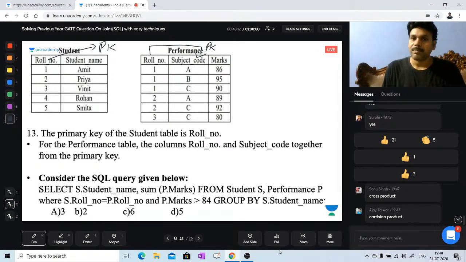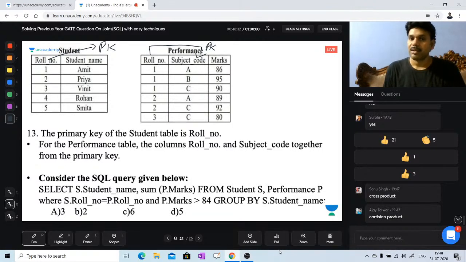And see the query: select S.student_name, sum of P.marks from student S, performance P where S.roll_number is equal to P.roll_number and P.marks greater than 84, group by S.student_name.